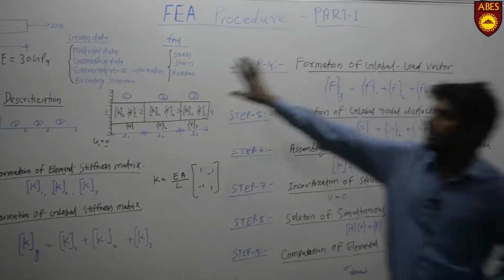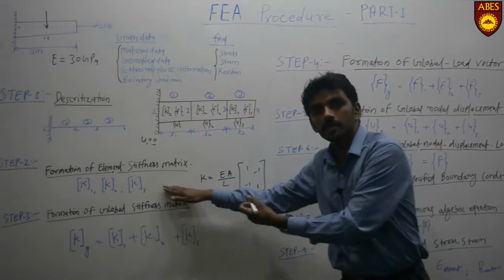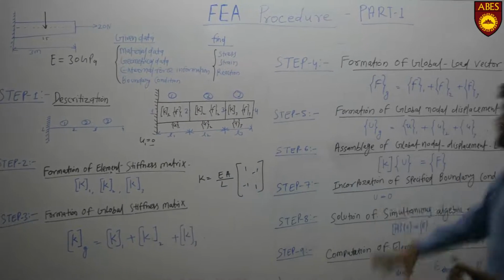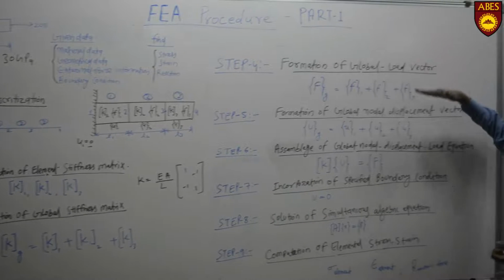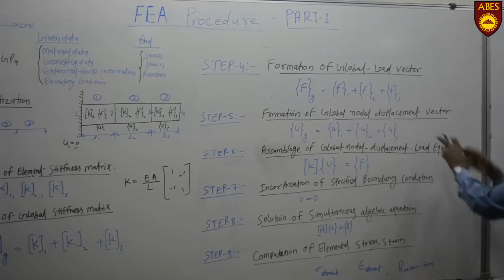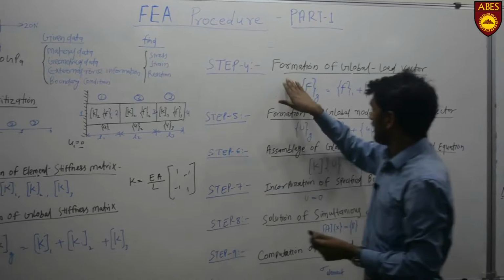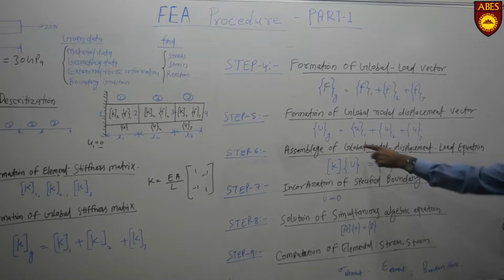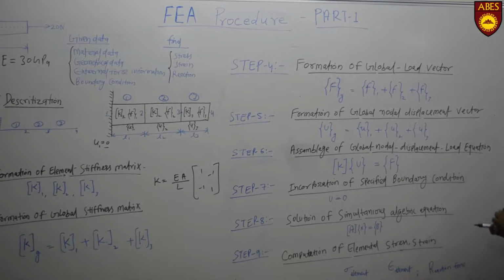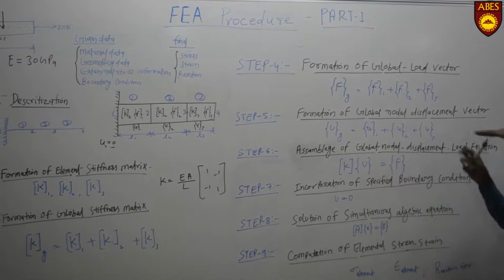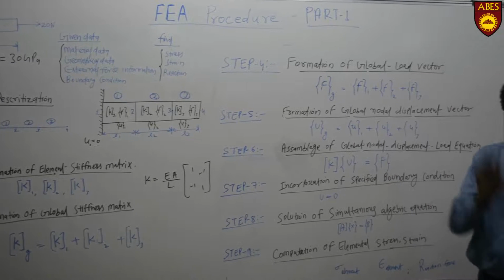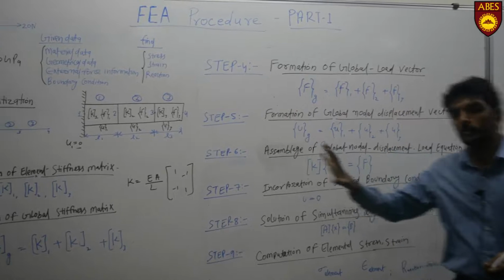The steps consist of discretization, formulation of the element stiffness matrix, then the global stiffness matrix, formulation of the global load vector, then the global nodal displacement vector, then using those K, F, U, formulation of the global nodal displacement load equation, then incorporating the boundary condition, which helps us to reduce the matrix size or equation size.